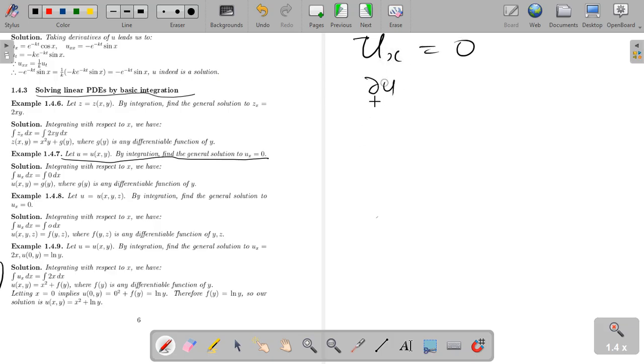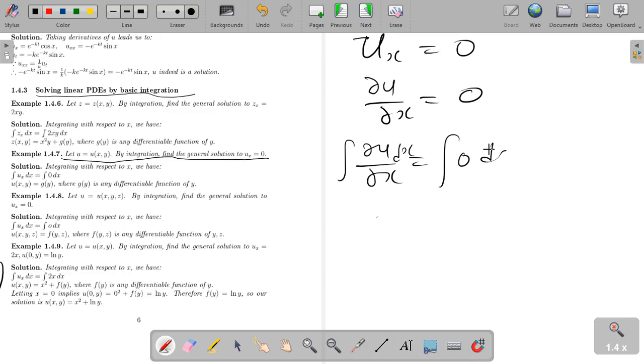So if I integrate, I'm going to have the integral of partial u partial x equal to the integral of 0 with respect to x. If I integrate here, you see that the integration is taking care of differentiation, I'm left with u.